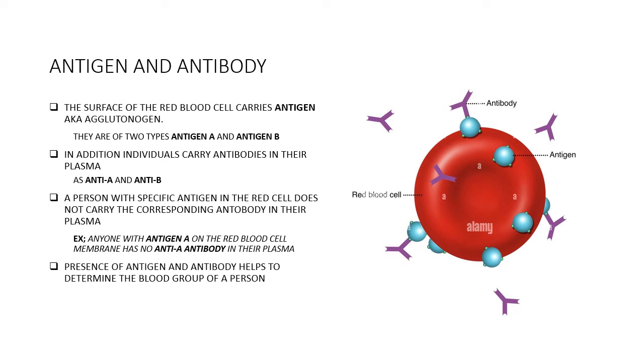There are two types of antigens, antigen A and antigen B. In addition, individuals also carry antibodies in their plasma as anti-A and anti-B. A person with a specific antigen in their red cell does not carry the corresponding antibody in their plasma. If you have antigen A in your red cell, you will not have anti-A in your plasma. The presence of antigen and antibody helps to determine the blood groups of a person.